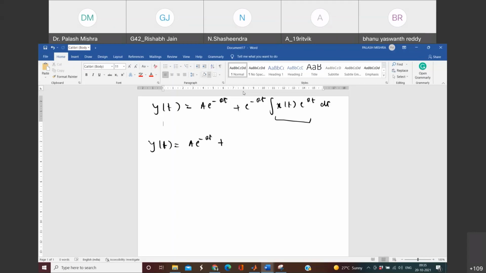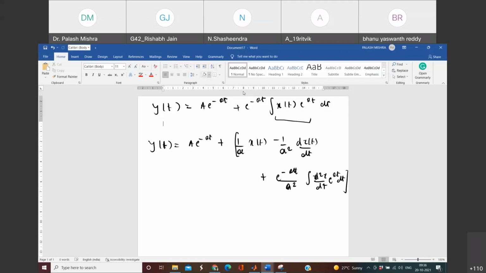It will be something like this: 1 by a times x(t) minus 1 by a squared times dx(t) by dt plus e to the power of minus at by a squared times integral of d squared x by dt squared, e to the power of at dt. This will be the final thing.